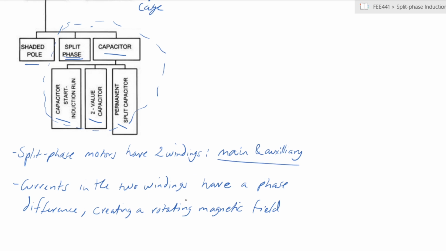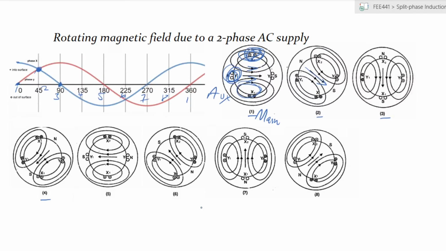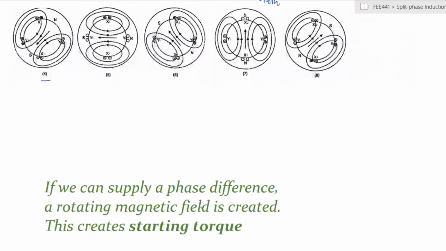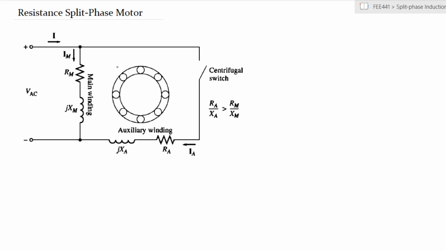The currents in the two windings have a phase difference, which is what creates the rotating magnetic field. You supply a single phase to the motor itself, but because of the two sets of windings connected to each other in parallel, you will have phase differences between the two, which is what we are going to demonstrate. So the first motor we are going to look at is the resistance split phase motor, which is demonstrated here.